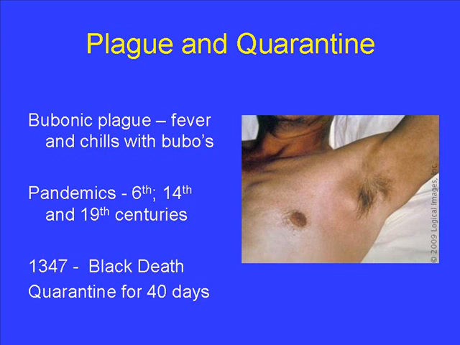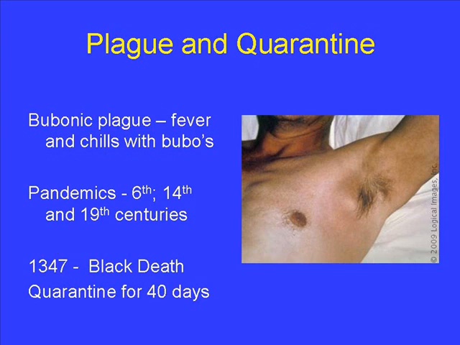And the result was that in the European cities, there was quarantine of all ships for a period of 40 days, and caravans were kept outside for a period of 40 days. It was a very sophisticated form of isolation. The fact is, unfortunately, the people didn't understand the cause and the manner of transmission of plague.